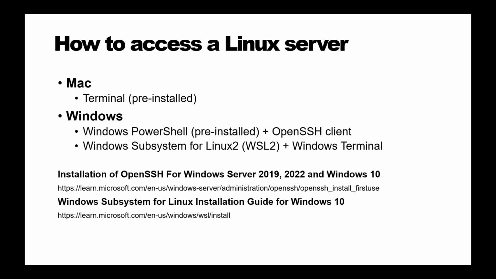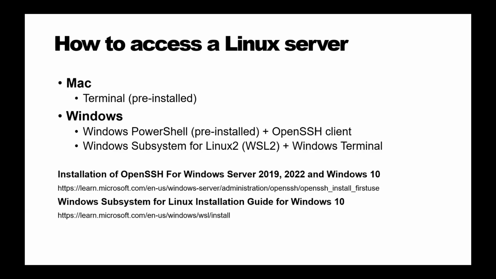In this section, I explain how to access a Linux server, such as the NIG supercomputer, from Windows or Mac. In the case of Mac, you can access a Linux server with a pre-installed terminal application and SSH command.